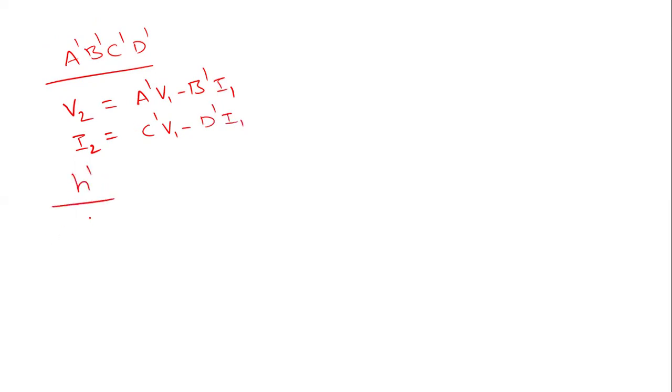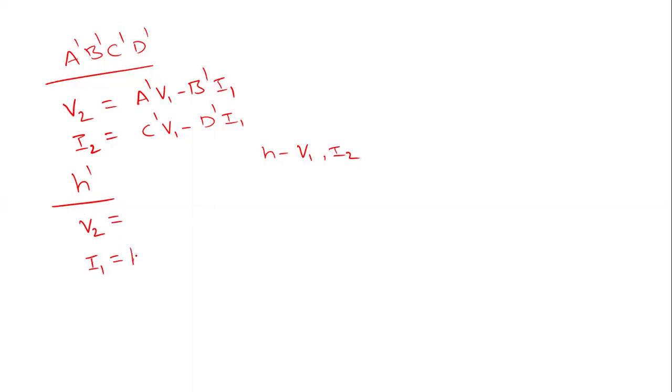The inverse H parameter equations are as follows. In the H parameters, we considered V1 and I2 as dependent variables. Here we consider it in the reverse fashion, so we have I1 and V2. First we write I1 and then V2.